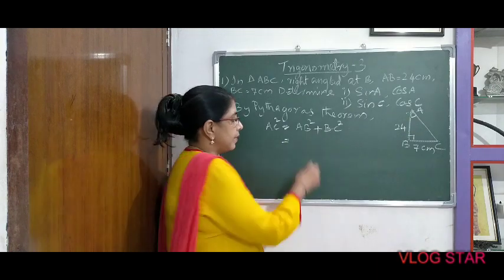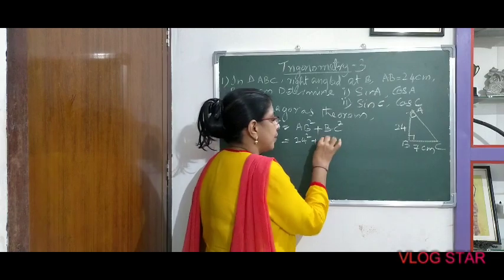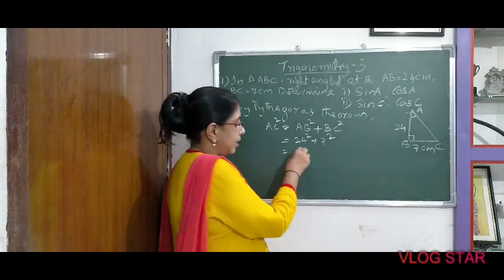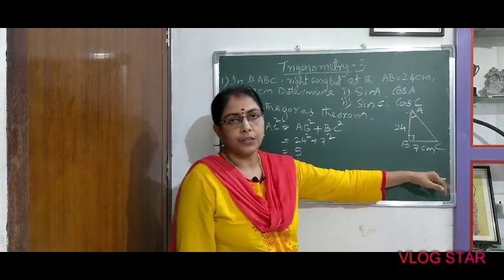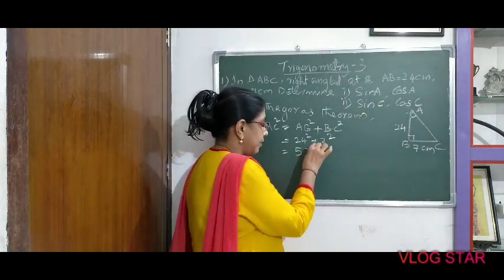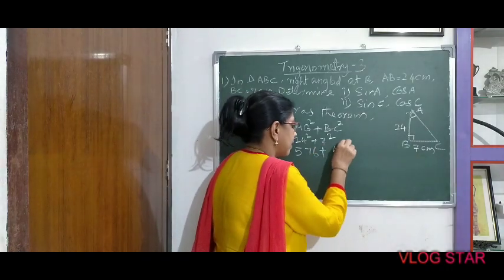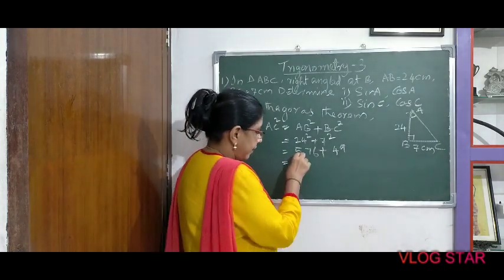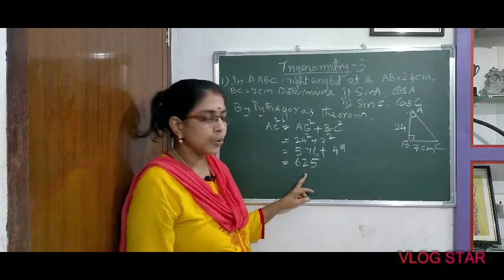That is 24 square plus BC square means 7 square. 24 square is 576. You have to do rough work here, 24 into 24, and see. 24 square is 576. 576 plus 7 square is 49. Adding these two, we get 625. Therefore, we get AC square is equal to 625.